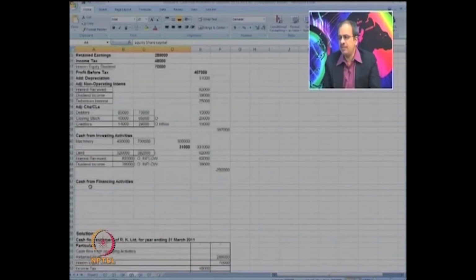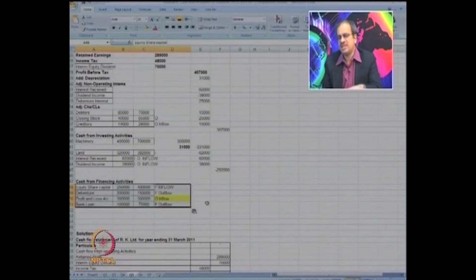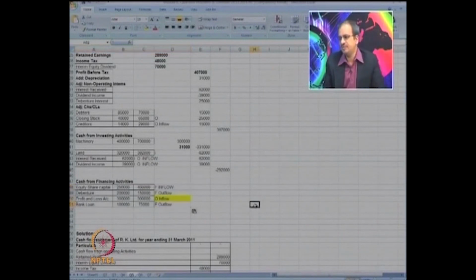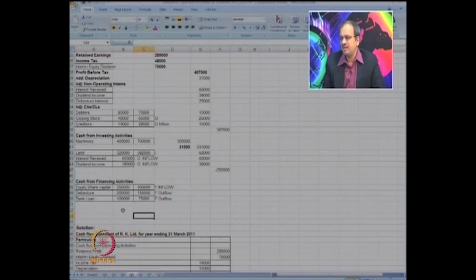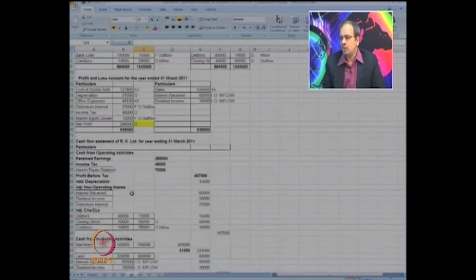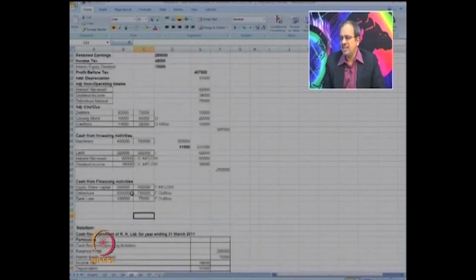Let us start with them, and there could be some items from P&L as well. So if you look at F items, I will just remove this P&L. So there are 3 items now. There is an increase in the balance of equity capital. It represents the equity shares issued, which is nothing but an inflow.